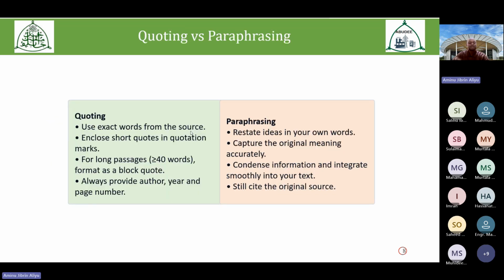Now let's look at the difference between quoting and paraphrasing. Quoting means we are using the exact words from a particular source. It's just like copy and paste. If we are taking a short quote, we usually enclose it in quotation marks. For long passages, usually around 40 words and above, we format them as a block quote.